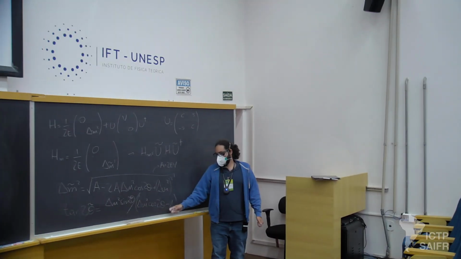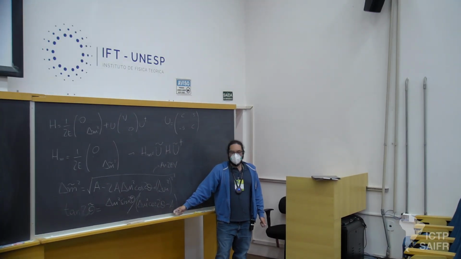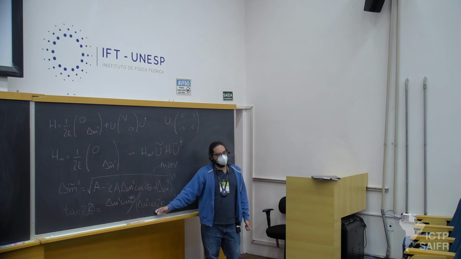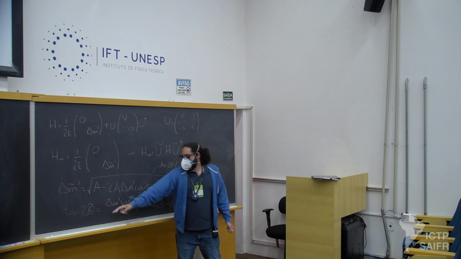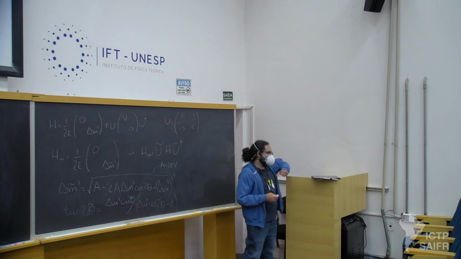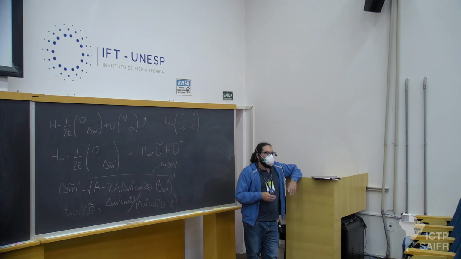There is a delta m squared cosine 2 theta minus the potential. That means that if the potential is identical to this, the denominator will be 0, the tangent goes to infinity, and the angle becomes 45 degrees. So even if you start with a small mixing, if you have enough matter, you can bump this mixing up to maximal and have huge oscillations, because of matter.